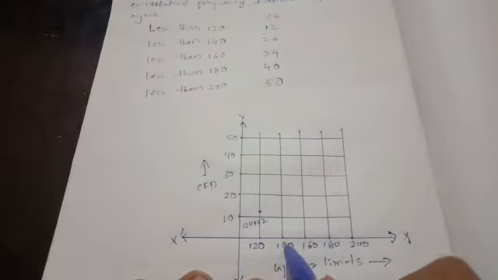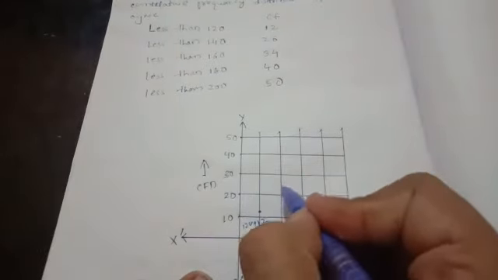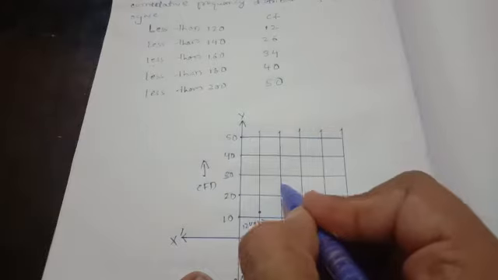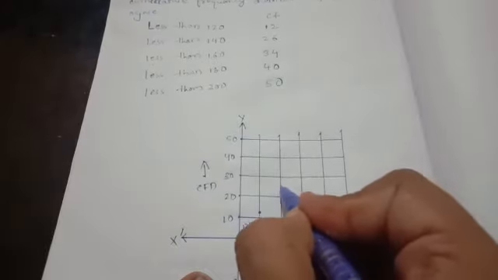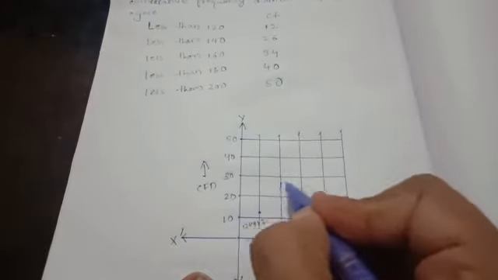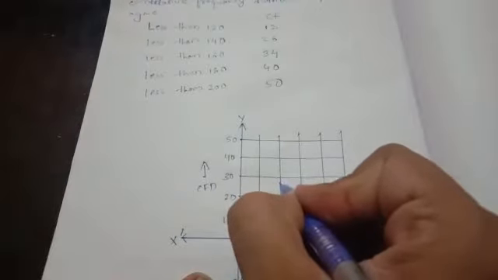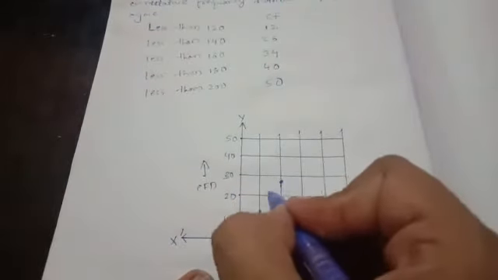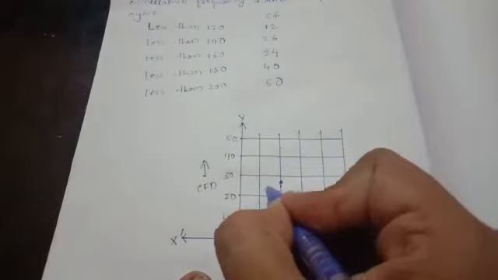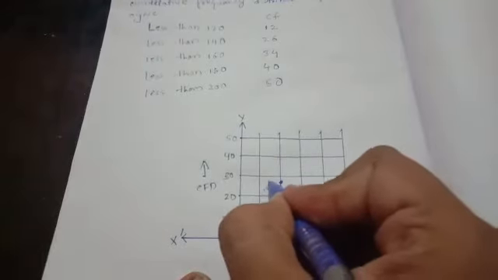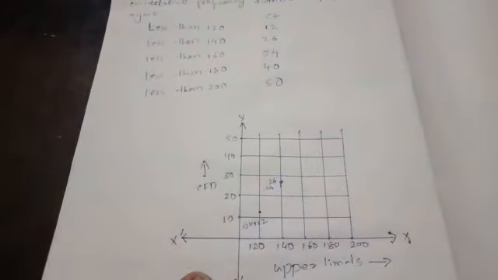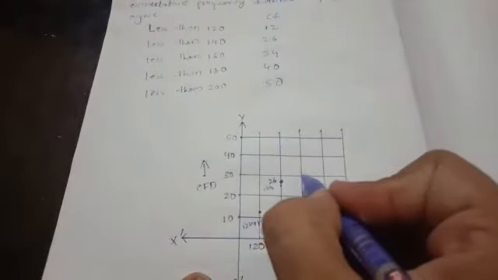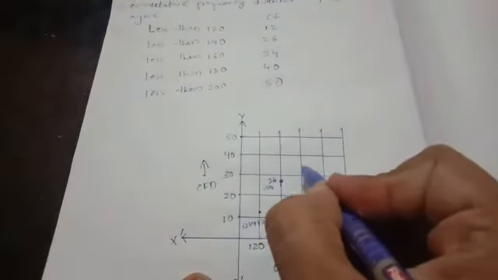Now the next value, 140, 26. This is 140, 20 is here. In between you will get 25, and above that you will get 26. So this is 140, 26. Then 160, 34. 30 is here, and 34 is somewhere below the middle.